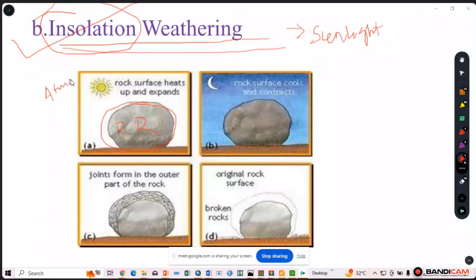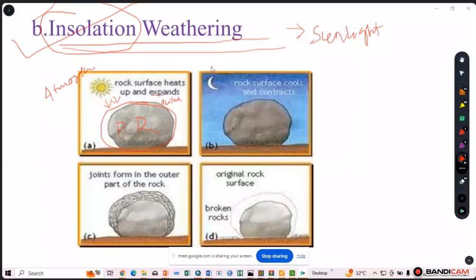The rock receives sunlight, and the outer surface gets heated. When the rock's outer surface is heated by the sunlight, it expands.